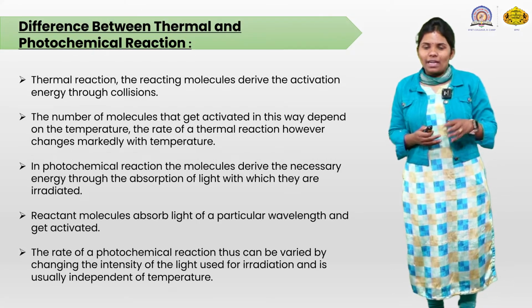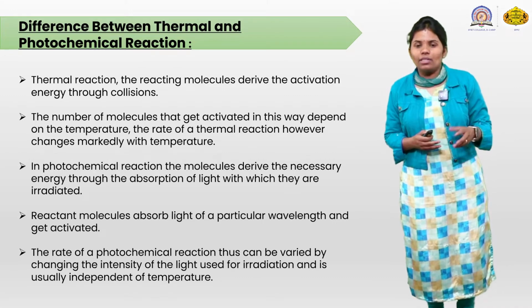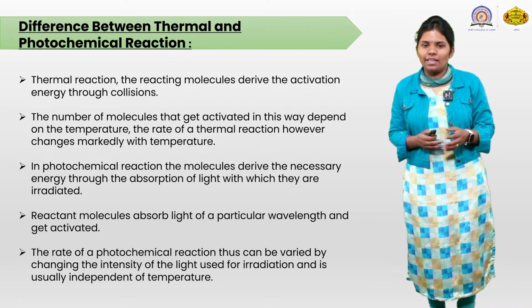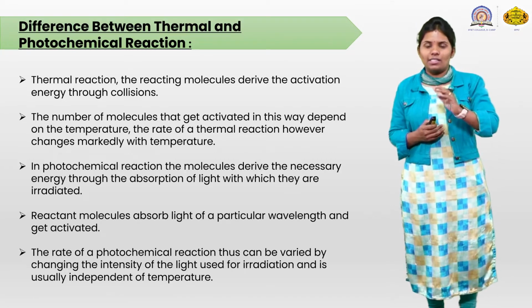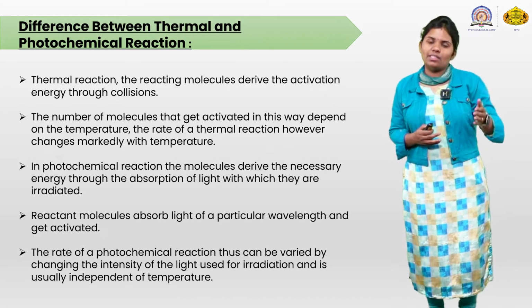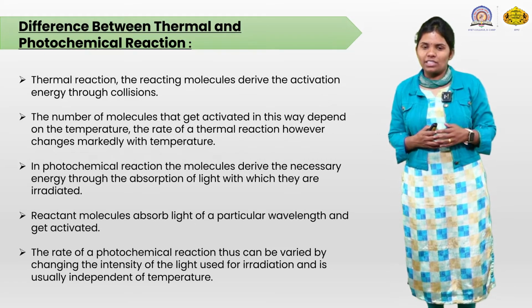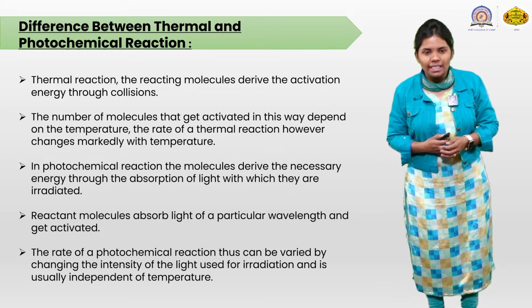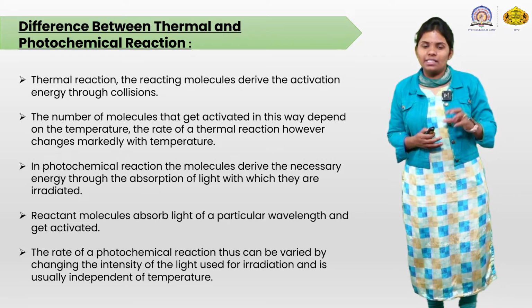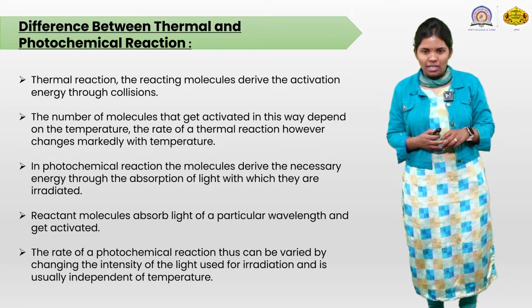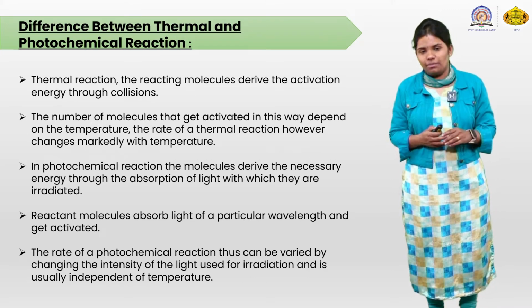The number of molecules activated in this way depends on the temperature. The rate of thermal reaction changes markedly with the temperature. As you all know, as you increase the temperature of a particular reaction, the rate of reaction also increases. But in a photochemical reaction, the molecules derive the necessary energy through the absorption of light with which they are irradiated.